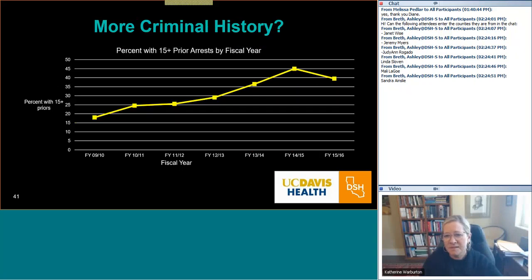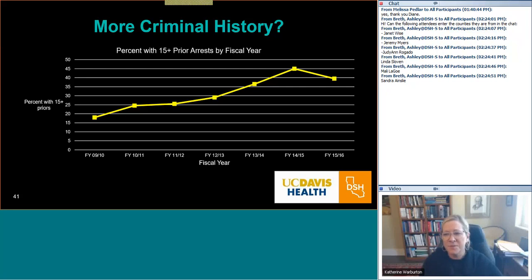Next slide, please. So this was the first indication of change in terms of the overall population coming to us as incompetent to stand trial, and this is what got our attention initially. And this just shows the percentage of individuals that we're admitting over time who had 15 or more arrests by the time they had their instant offense and came to us. And Dr. McDermott did this by looking through their criminal arrest histories. And that number, the percentage of people that we were admitting as incompetent to stand trial in fiscal year 10-11 was around 16%.